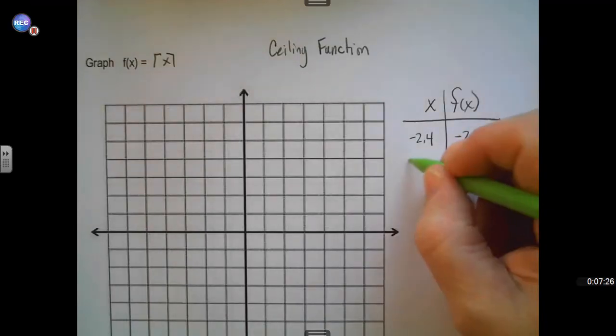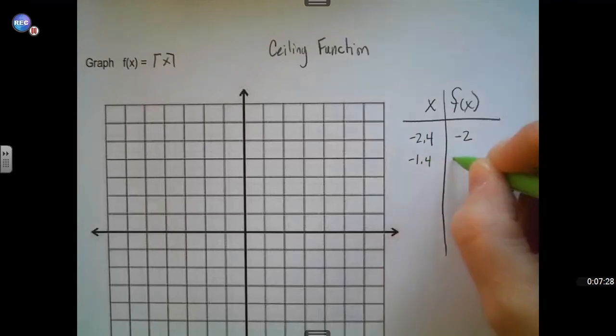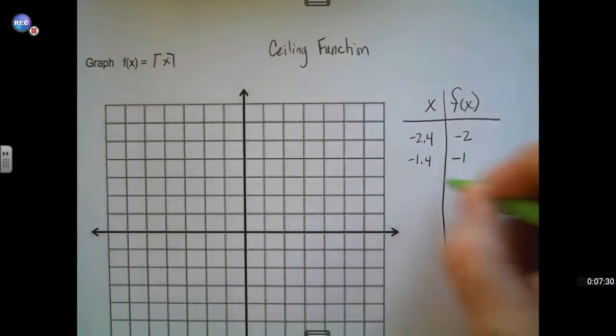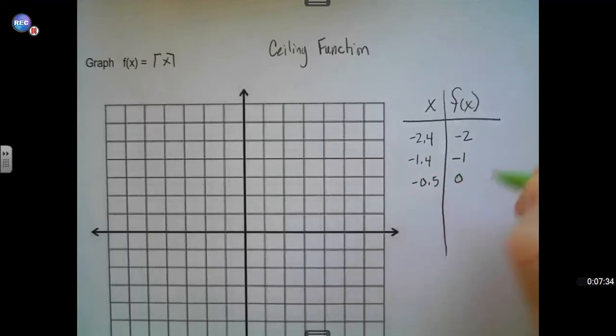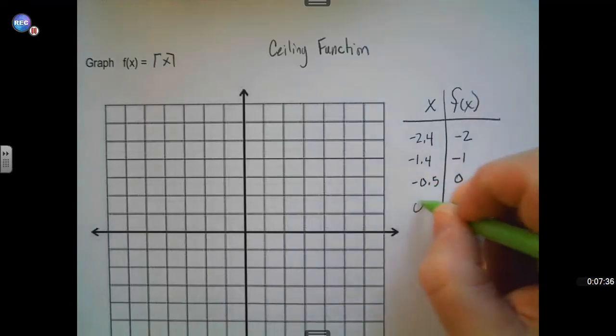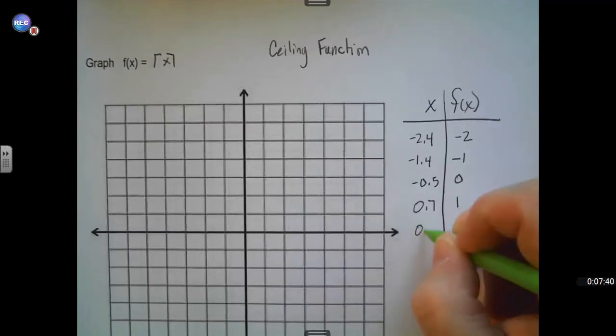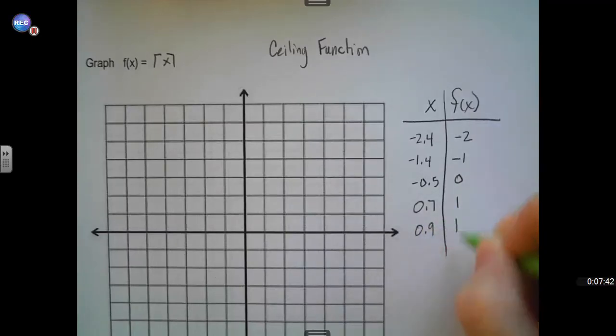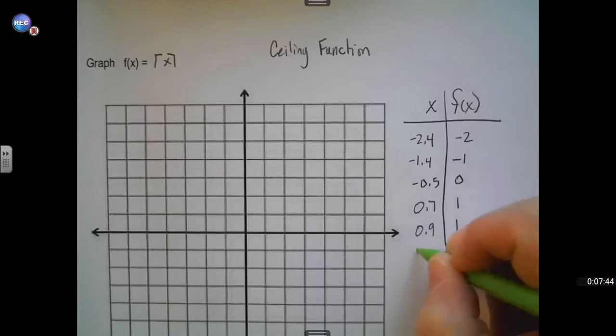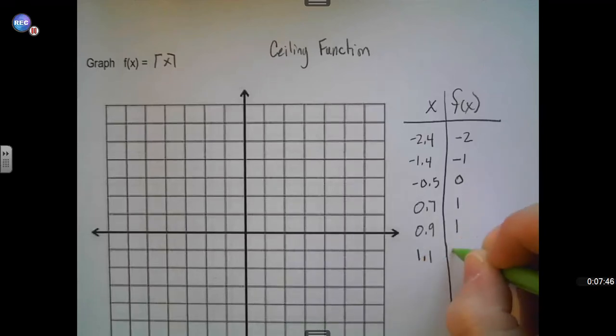F of negative 1.4 is negative 1. F of negative 0.5 is 0. F of 0.7 is 1. F of 0.9 is 1. F of 1.1 is 2.